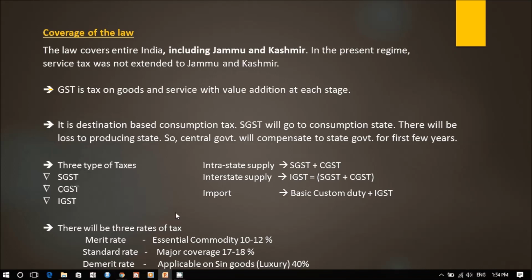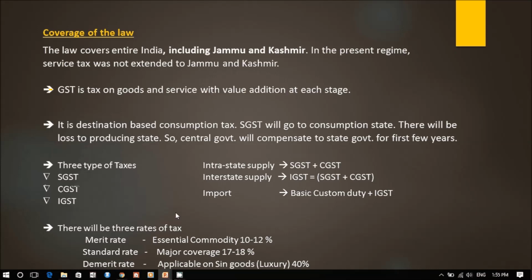So there will be loss to the producing states, because earlier the producing states levied the VAT on the sale and the state got the revenue, but now it's on a consumption basis, so the benefit will go to the consumption state which is purchasing or consuming the goods. So in the initial stage, the central government will compensate the state governments for the first few years.